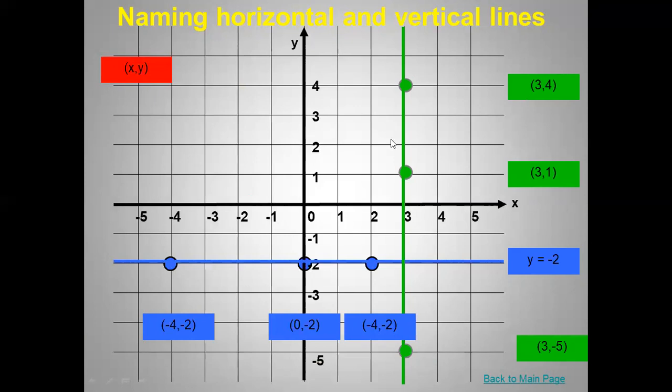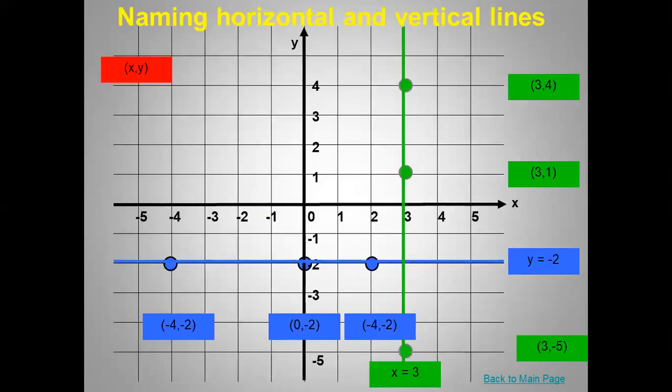So I have 3 and 4, 3 and 1, 3 and -5. Since the x-coordinate is the same in all the points on this line, and it cuts the x-axis, it's called x equals 3. And that's the final of this lesson.